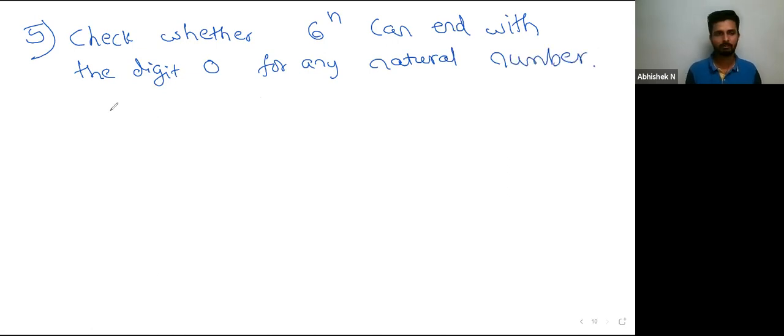So how can we prove this? How can we check this?